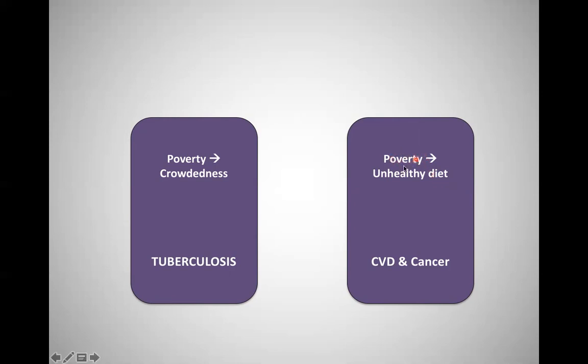Poverty is an important determinant of our ability to maintain a healthy diet. And this pathway, what we may call a behavioral factor, eating an unhealthy diet, is one of the main risk factors for cardiovascular disease and cancer.